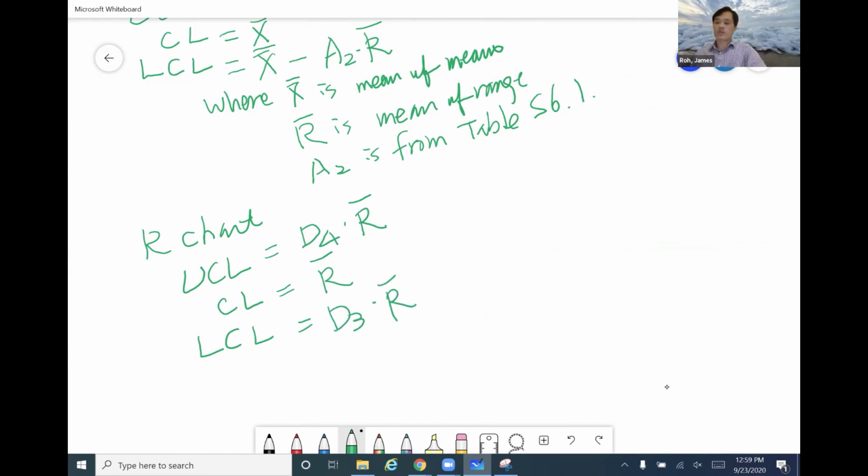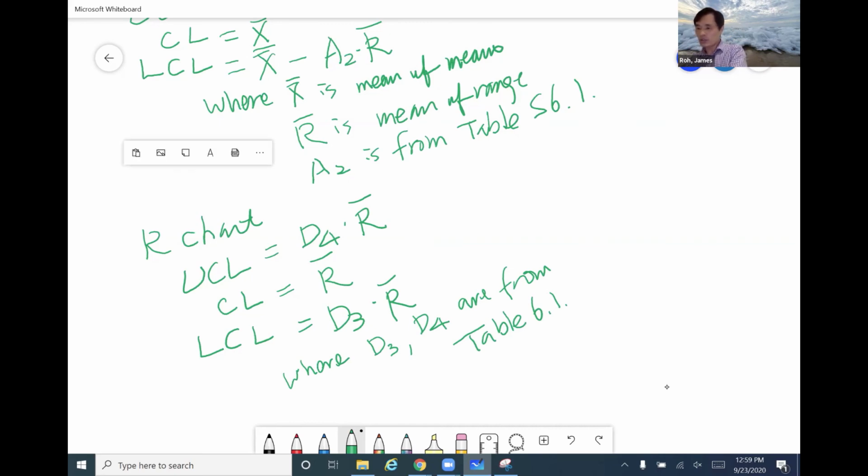Those are three formulas, where D3 and D4 are from table 6.1. That's your R chart, and we are going to draw that together. Let me show you table 6.1.